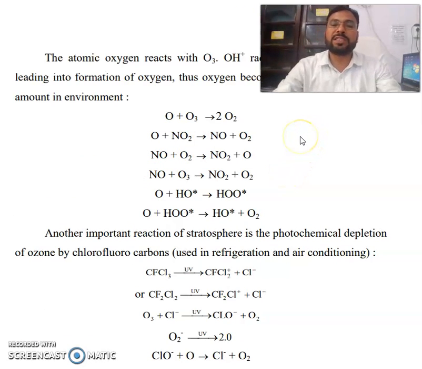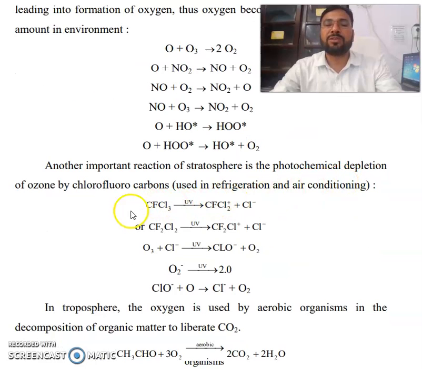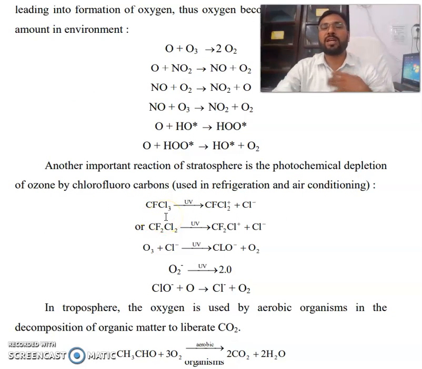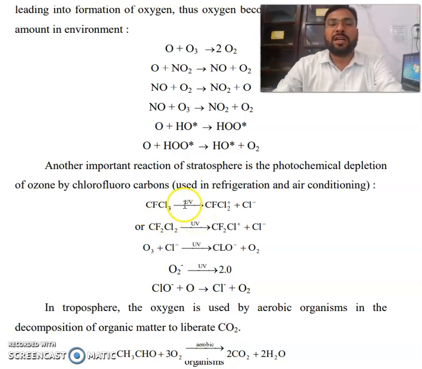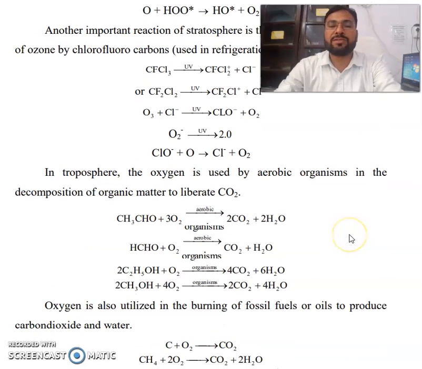Another important reaction of the stratosphere is the photochemical depletion of ozone by chlorofluorocarbons used in refrigeration and air conditioning. Look at here, this is the chlorofluorocarbon. Under UV light, ionization occurs. You can see the ionizations like these reactions.